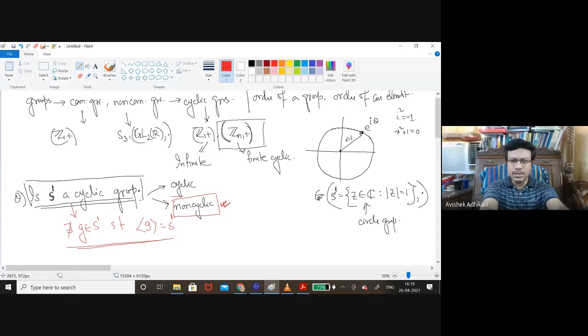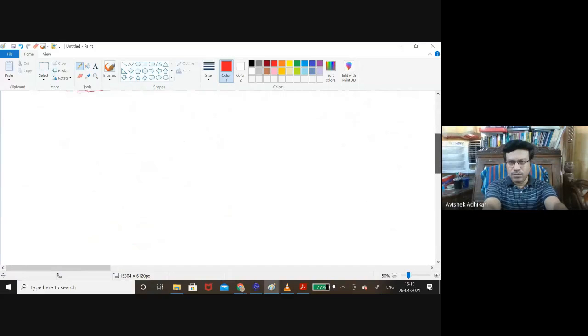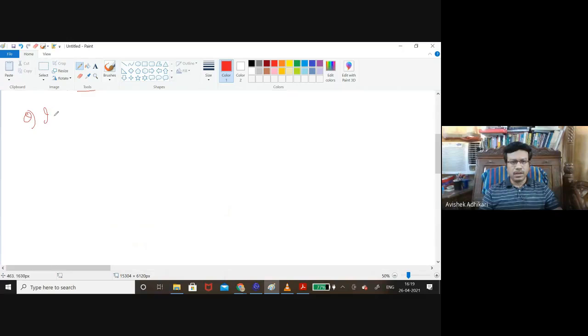But S1 has a strange feature. For example, if I ask you the question: is there any infinite group having a finite subgroup?